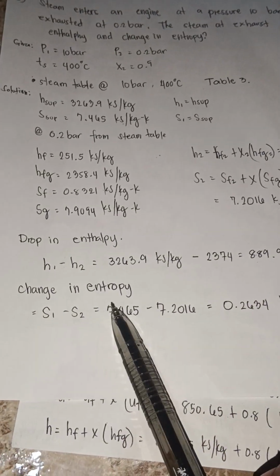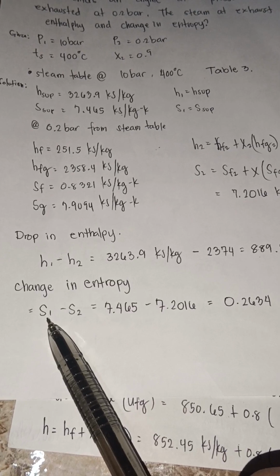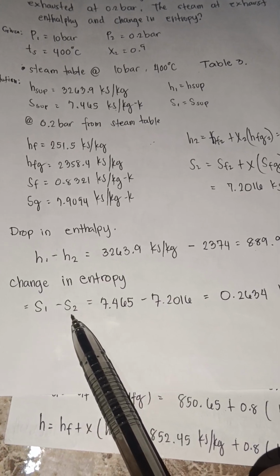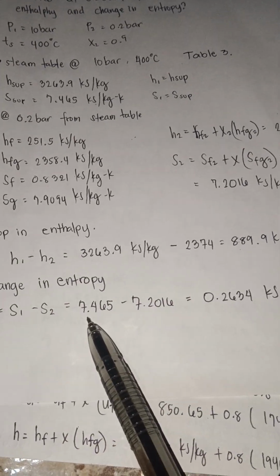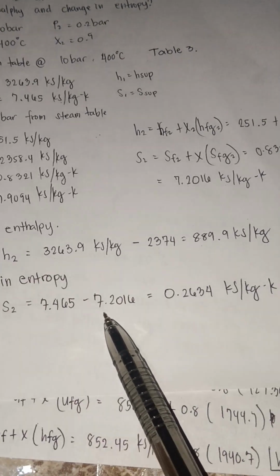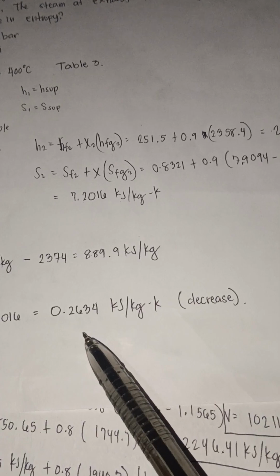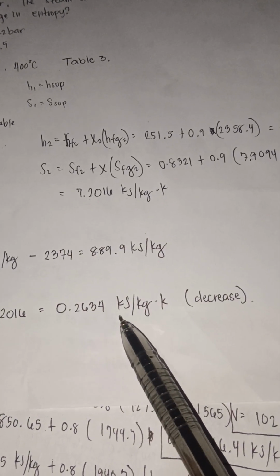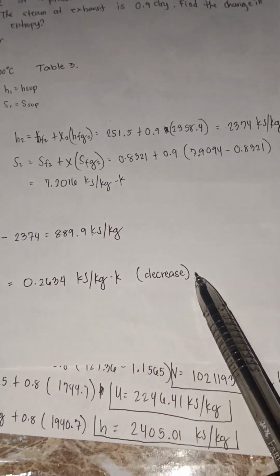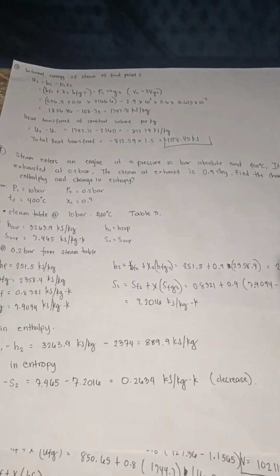For the change of entropy, find the initial entropy minus the final entropy: 7.465 minus 7.216 is equal to 0.2634 kilojoules per kilogram. So the entropy has decreased. Okay, sir, that's all.